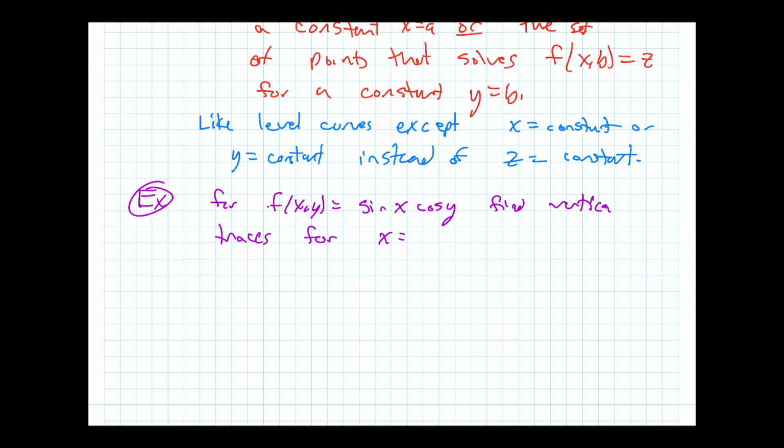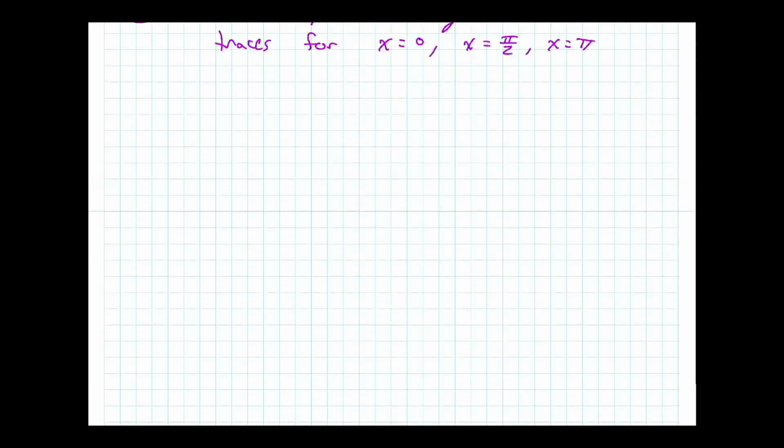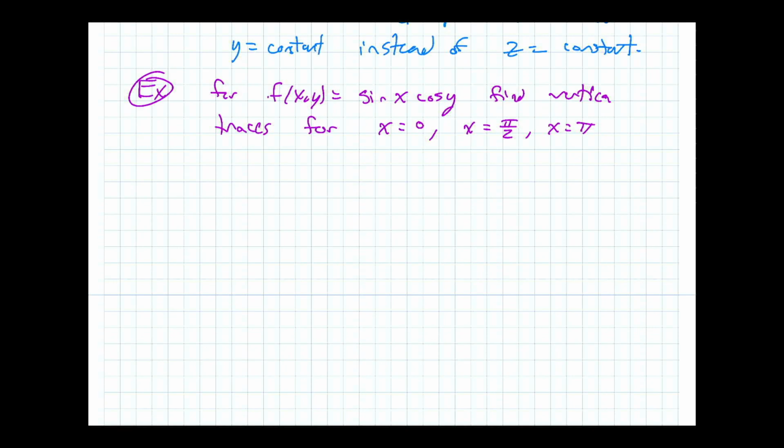I'm going to say for x equals 0 and x equals, let's say, pi over 2, and x equals pi. Now, we could have done those for y, or some of them y, some of them x, right? We're just making traces. There were no restrictions on what we're doing, except that it couldn't be z because z is a level curve, not a vertical trace.